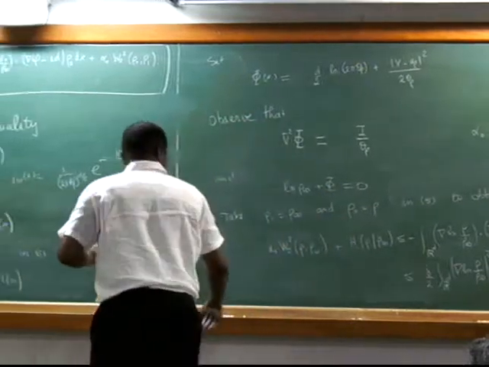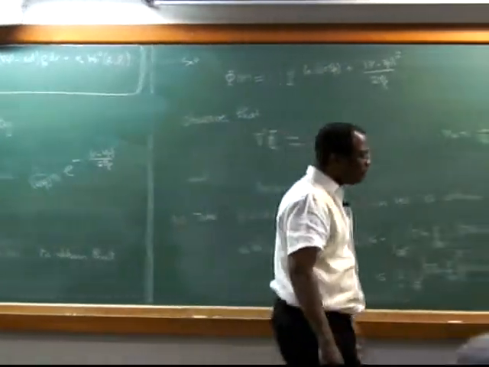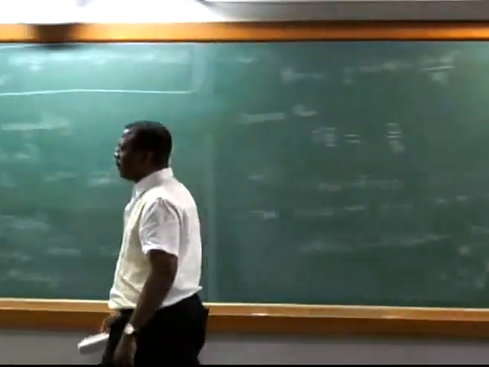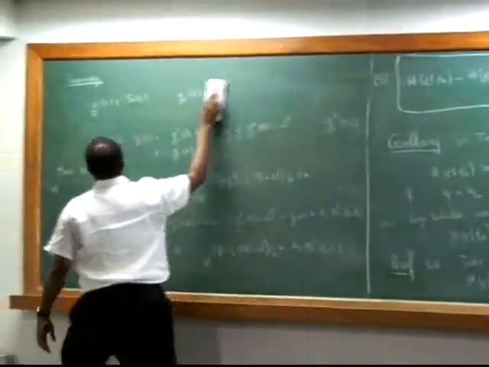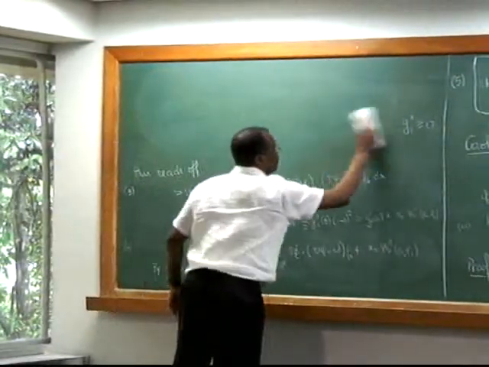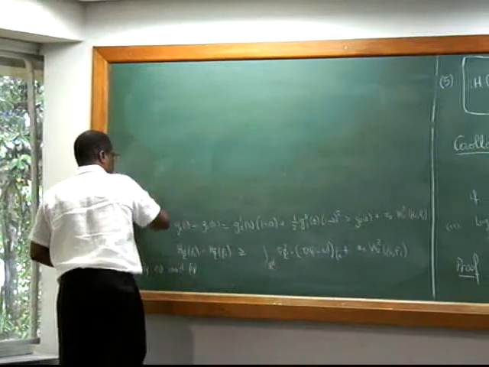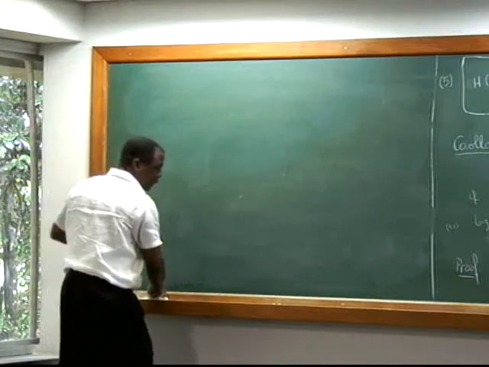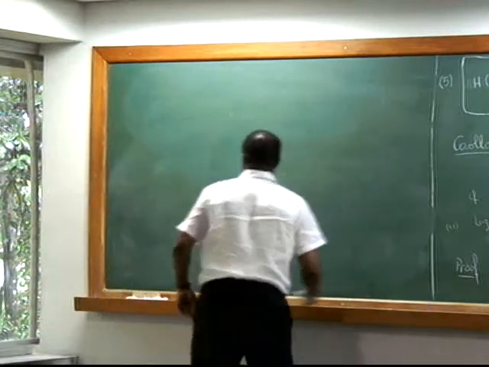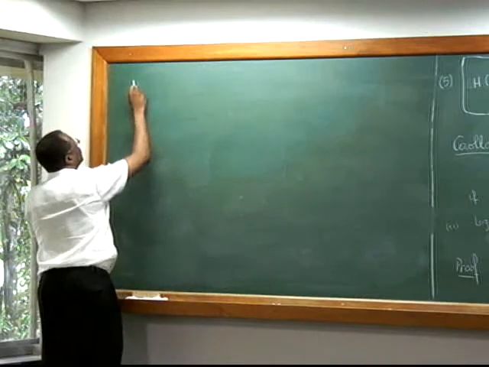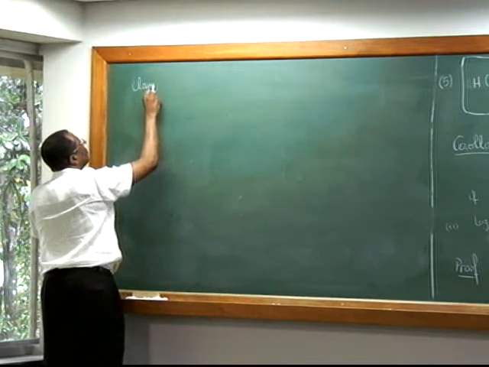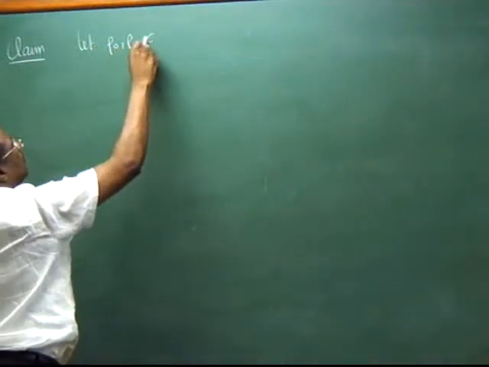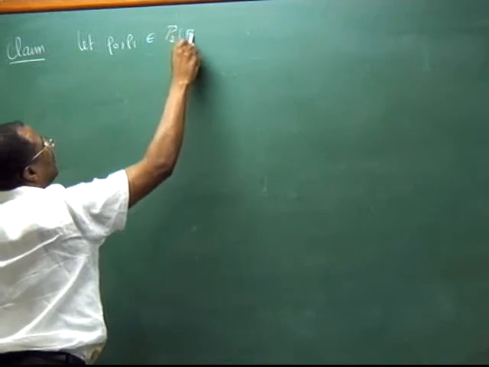So here is the statement. Let rho naught, rho 1 be two probability measures on R^d.